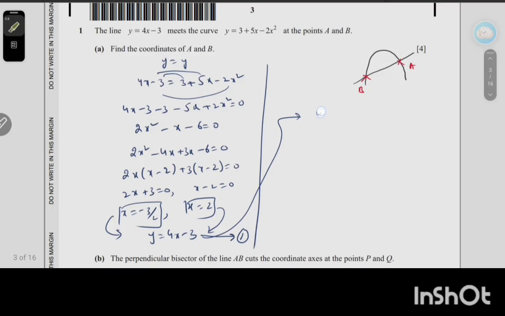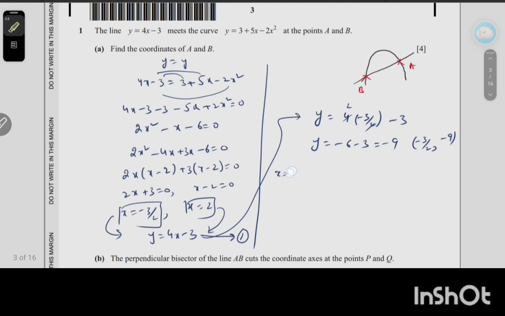Okay, so y equal to 4 times minus 3 by 2 minus 3. So here 2 cancels, minus 6 minus 3, it will be minus 9. So our first answer is minus 3 by 2 and minus 9.